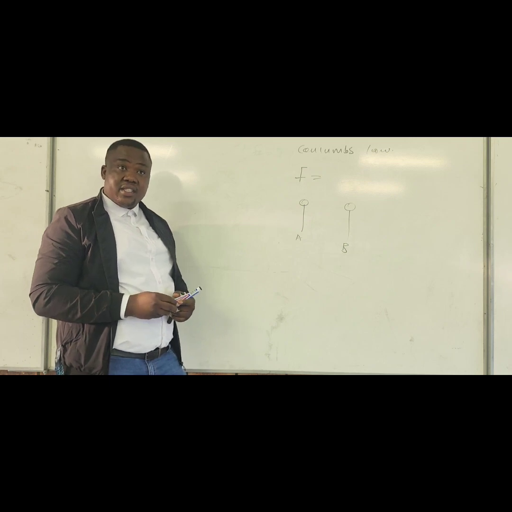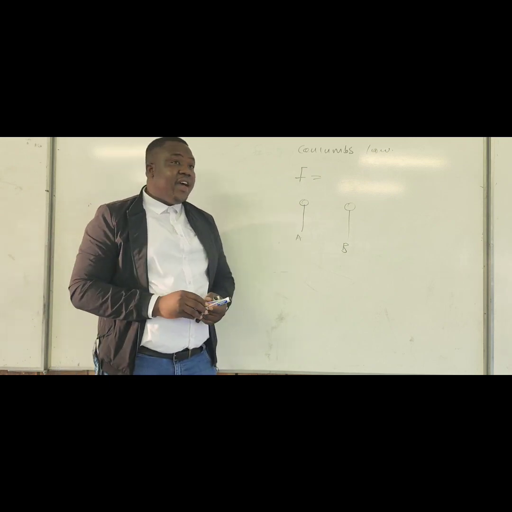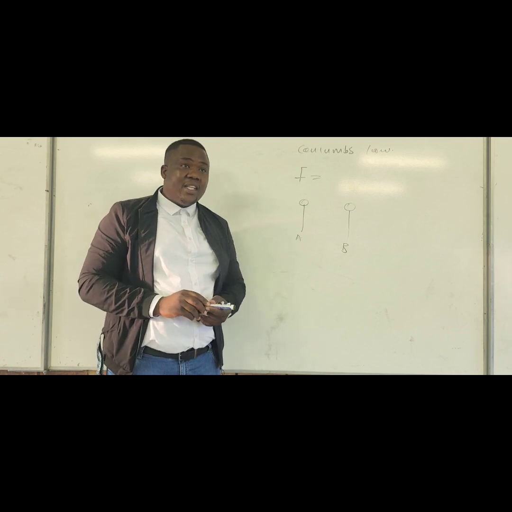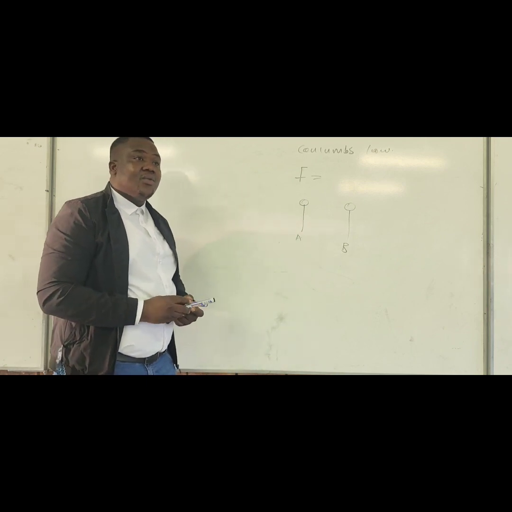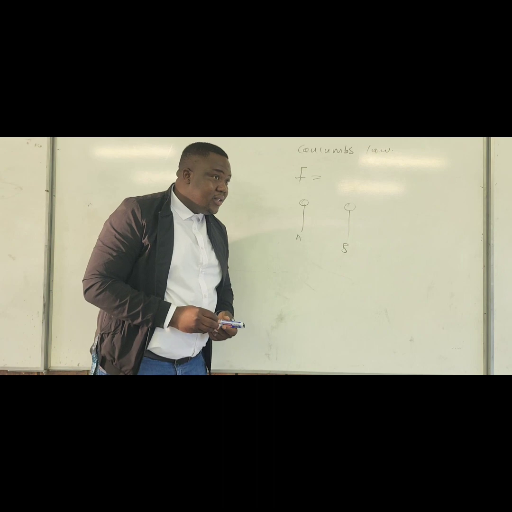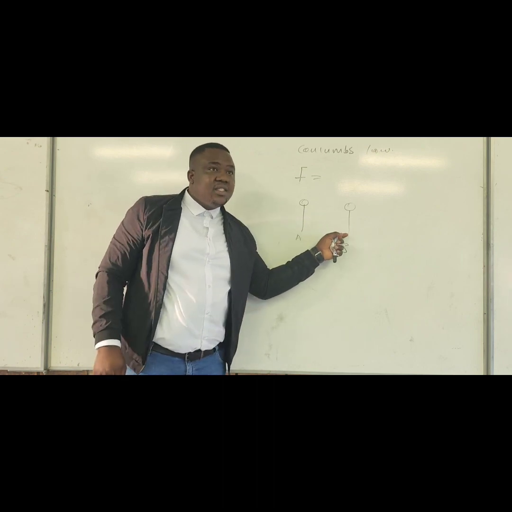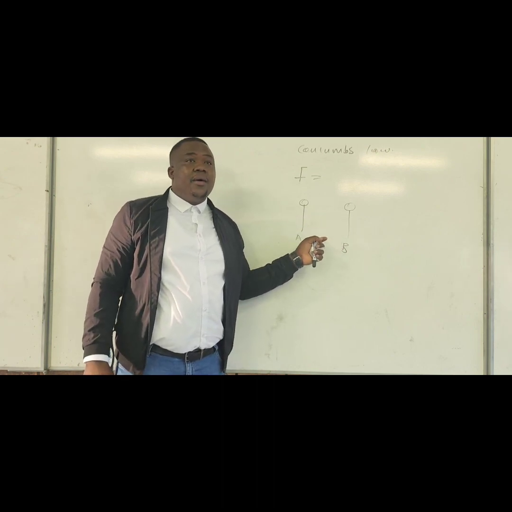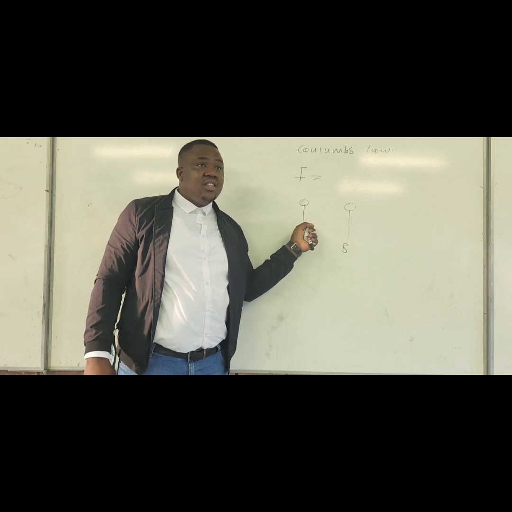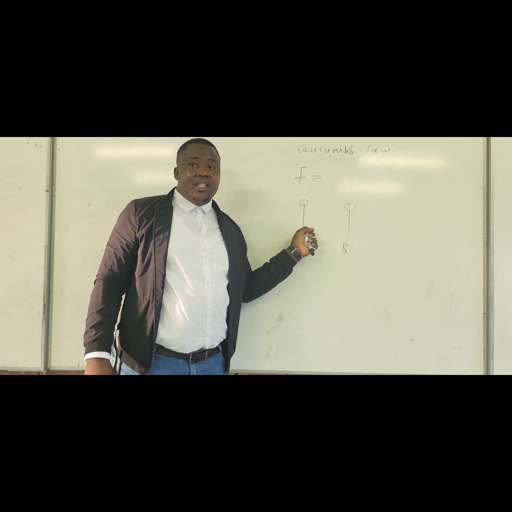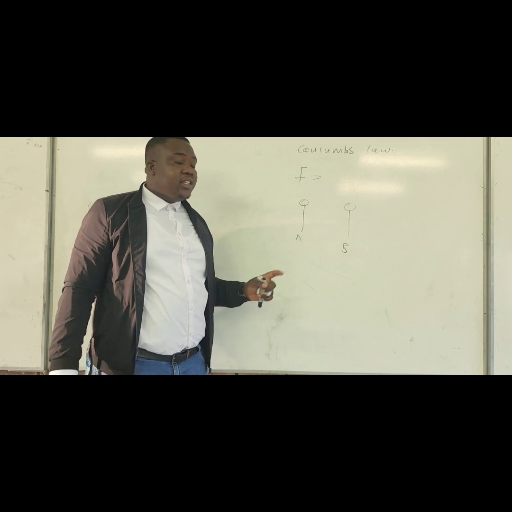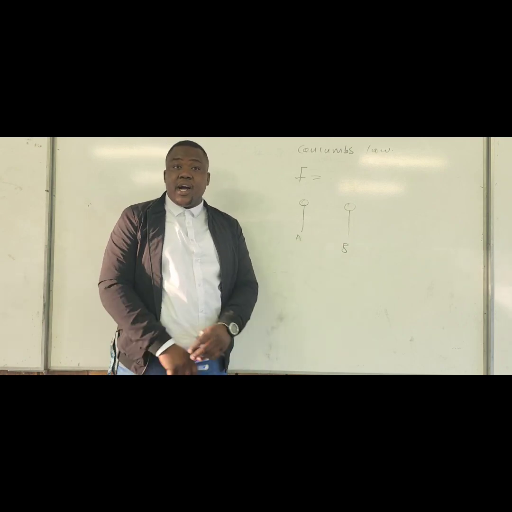Do you hear the question? Charges of equal size, right? They've got the same charges. So they want you to determine the charge. Charge A and charge B, they've got the same charge.